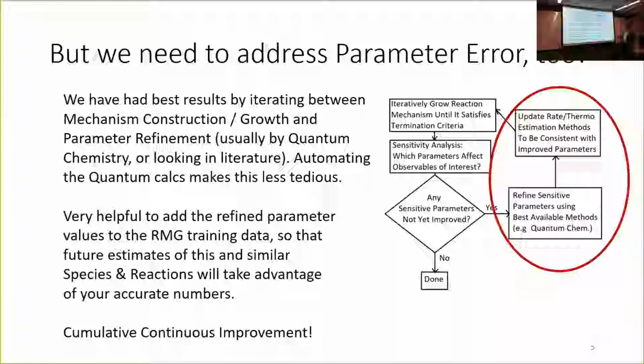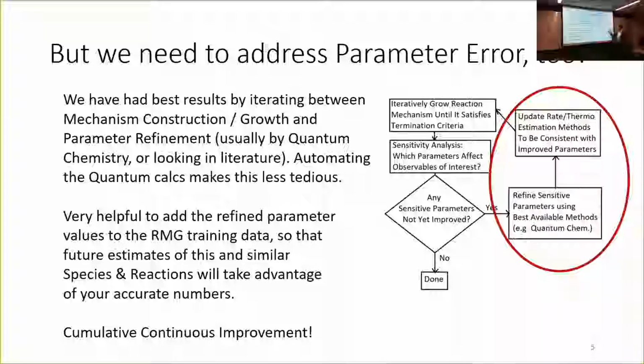So what you could do is build a model with RMG until it satisfies your termination criteria, which is basically your criteria that's related to model truncation error. Then do sensitivity analysis on that model and see what parameters in that model affect things you care about. And if there's some of those things you care about where you don't believe the parameter values, then refine them.